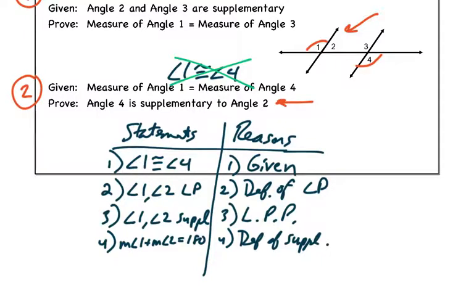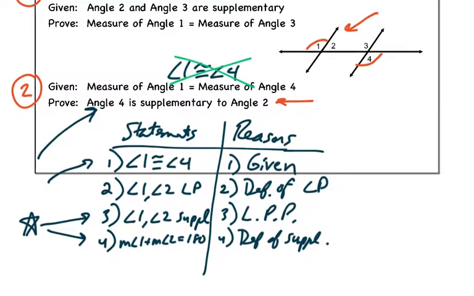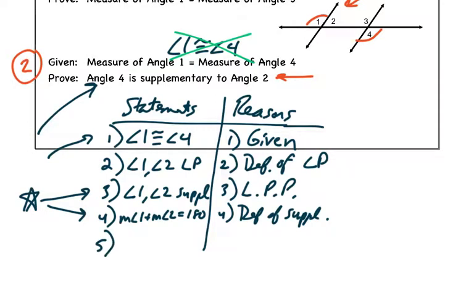But again, if I'm not sure where to go, I want to show that 4 is supplementary to 2. I know that 1 is supplementary to 2. Ooh, but look at the given. The given is 1 is equal to 4. So what if I sort of brought the 1 equal to 4 and combined that with step 4? Oh, so watch what I could do. Check this out. I know that 1 plus 2 is 180.